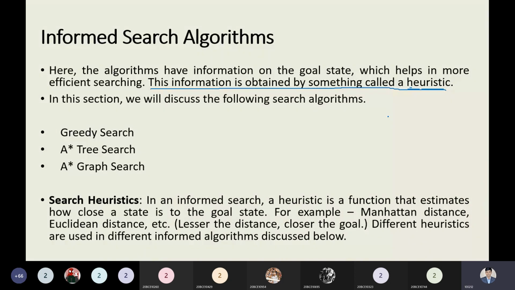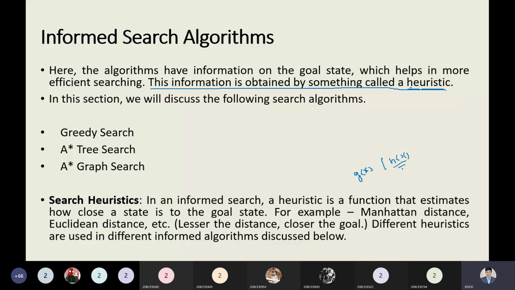So what is meant by search heuristics? Just keep in mind, in an informed search, a heuristic is a function, and this heuristic function can be represented by g(x) and h(x).